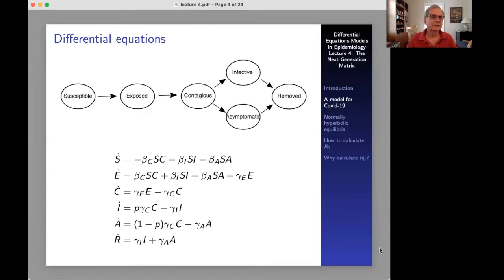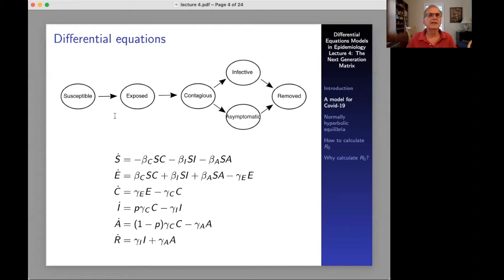Let's write down a system of differential equations. There will be 6 differential equations. The variable names are simply the first letters of the names of the compartments. The susceptibles, they decrease as they get the disease and pass into the exposed compartment.